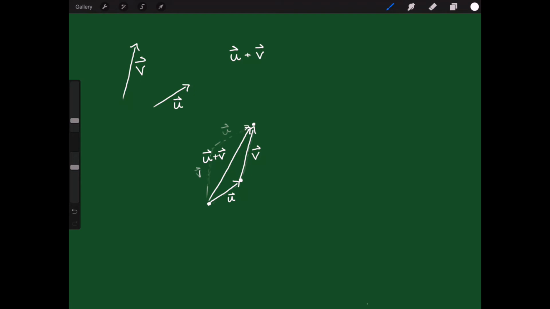All right, so what if I wanted to subtract vectors? Let me cut this area in half. What if I wanted to look at u minus v? Well, first let's draw u. So u looks something like this.